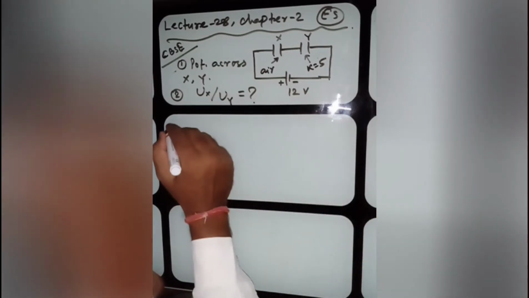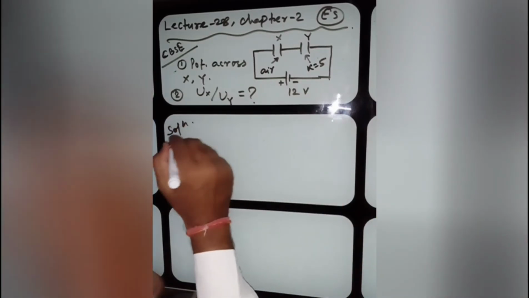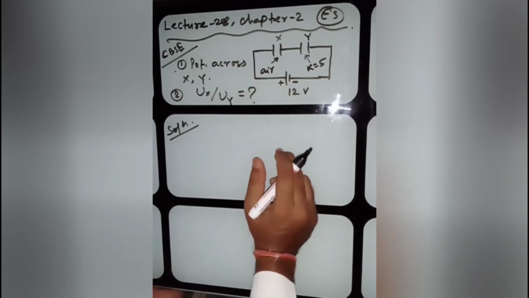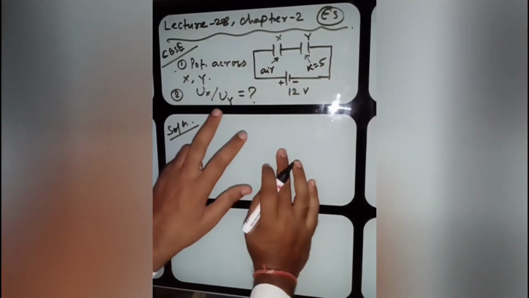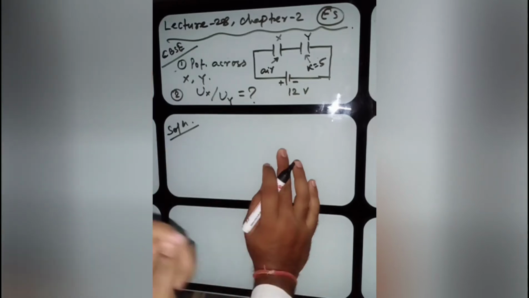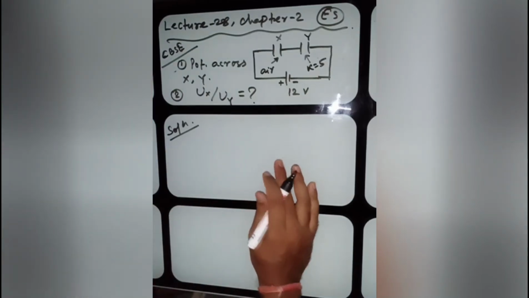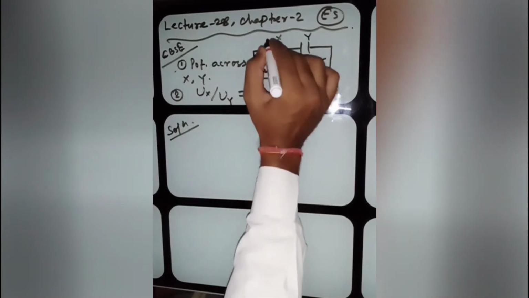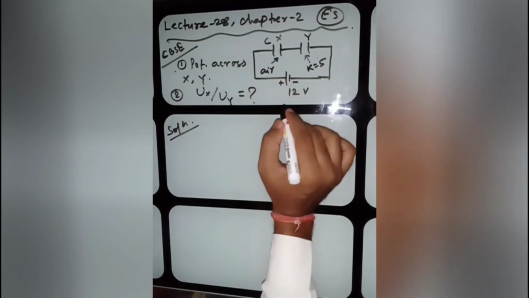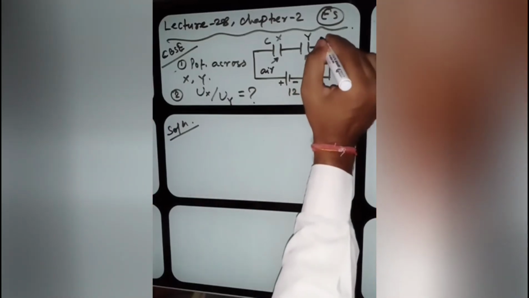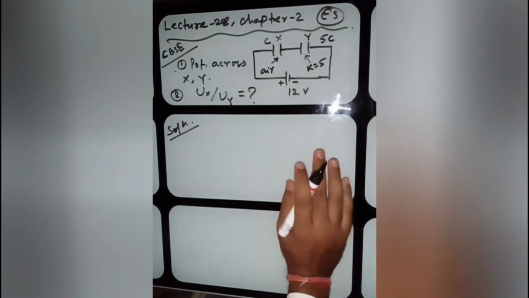Now, look here for the solution. First, you have to find the ratio of capacitance. Suppose the capacitance of X is C, then what will be the capacitance for Y? For Y, the capacitance will be 5 times C. Am I correct?